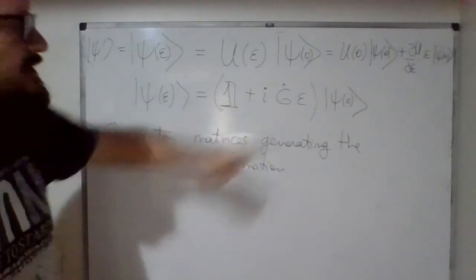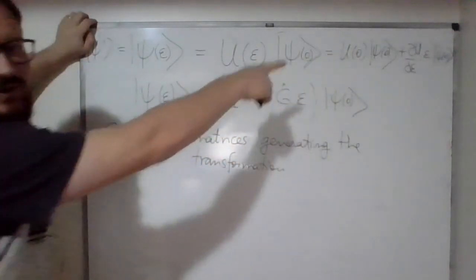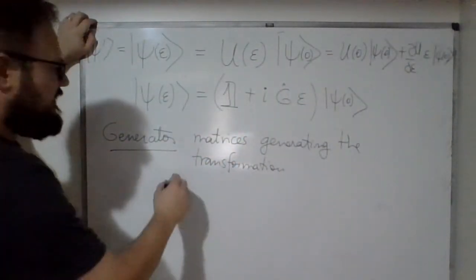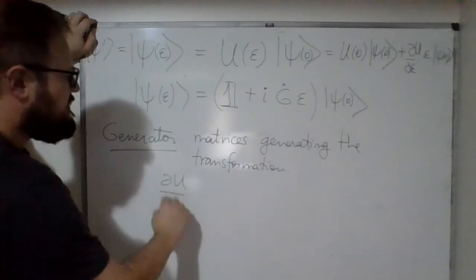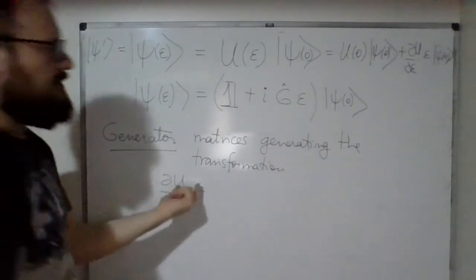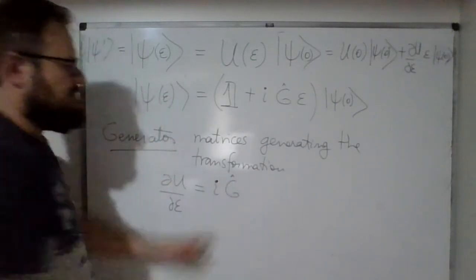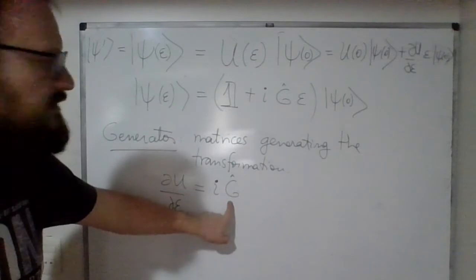And notice here that if you connect the two expressions, you'll find out that du d epsilon, which is a matrix, corresponds to i times G, this matrix G here.